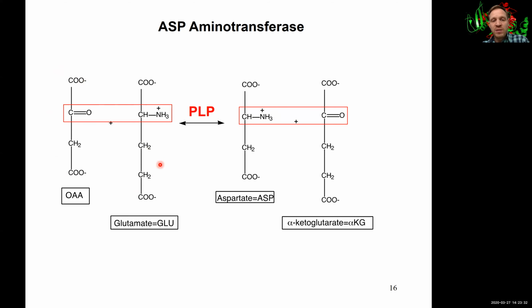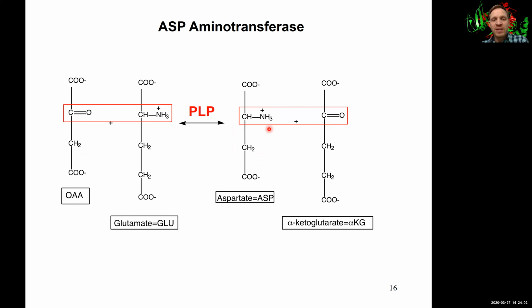We're transferring over the amino group of glutamate, and we're switching it for the carbonyl group of OAA. We're generating a new amino acid here. So this is the carbon backbone of OAA, now with the amino group from glutamate attached, that's aspartate. So the corresponding amino acid of OAA is aspartate, and the corresponding alpha keto acid of aspartate is OAA.